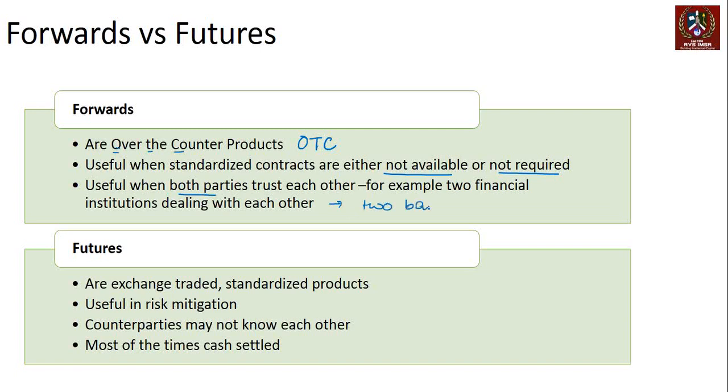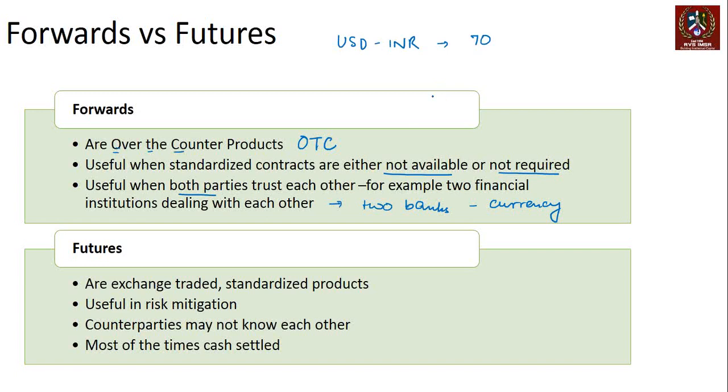If two banks are betting on a particular currency, for example, right? An Indian bank could be dealing with a US bank and they could be dealing on the currency value of USD INR at 70 rupees per dollar, right?